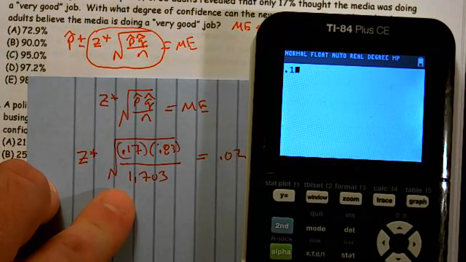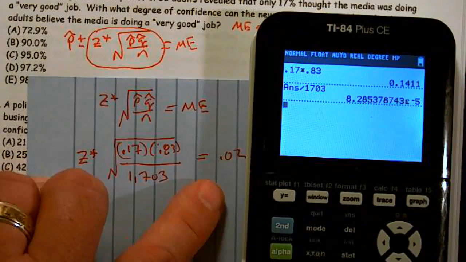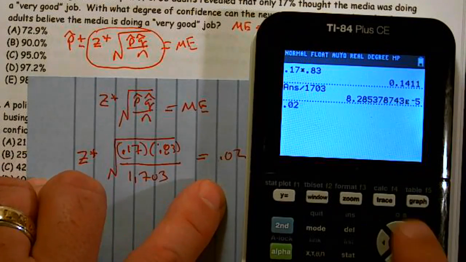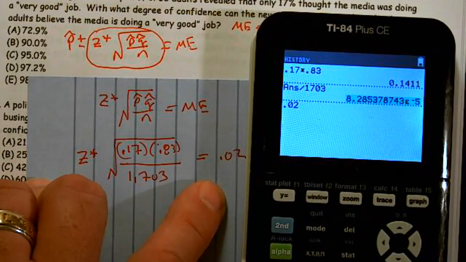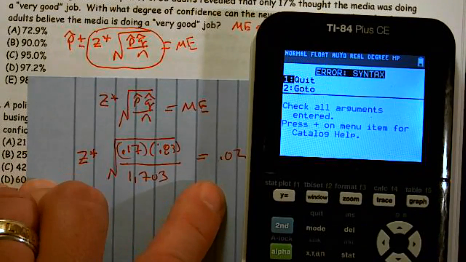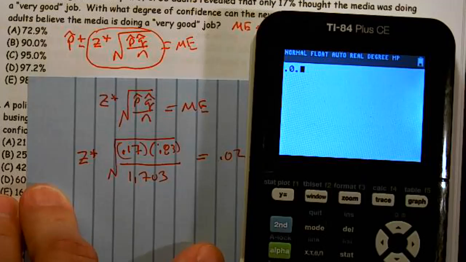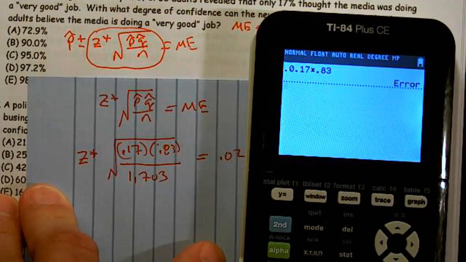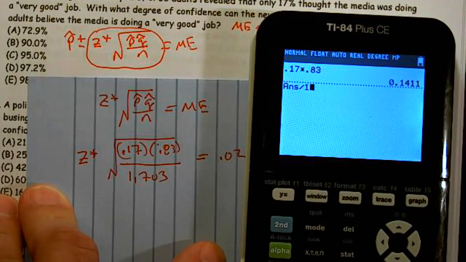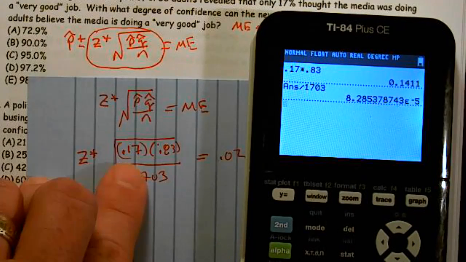Try that again. 0.17 times 0.83, sorry about that. What is going on? I'm hitting the decimal point too many times. 0.17 times 0.83 divided by 1,703. I'm going to take the square root of that.